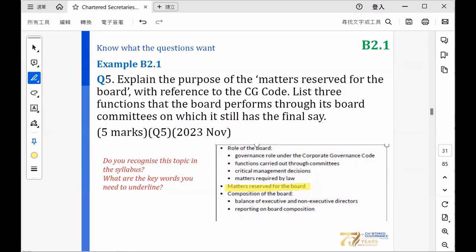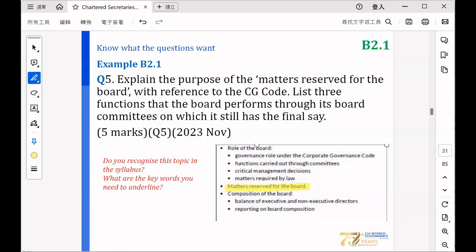I think we can mention three of those functions where the board has the final say. For example, the appointment of members to the board of directors. Even though a candidate has been nominated or recommended by the nomination committee, the final decision of appointment is by the board. Financial statements are another example.